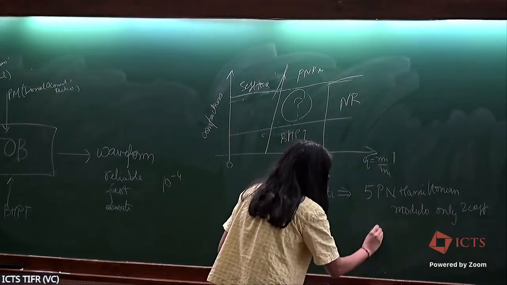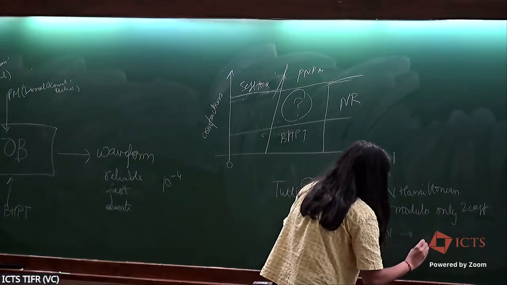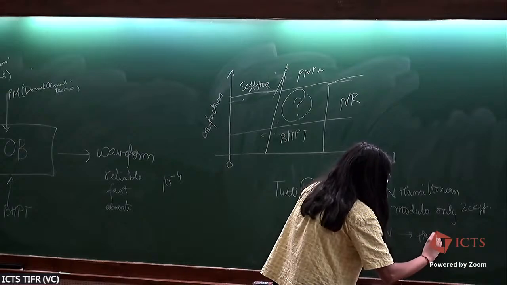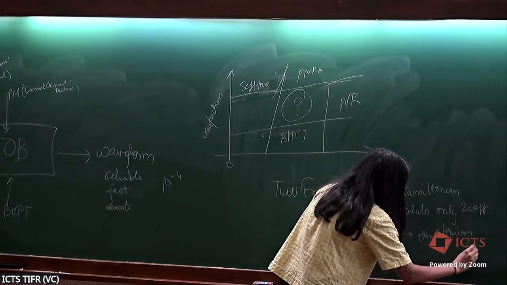And at 6 PN, we know the full Hamiltonian modulo 4 coefficients.